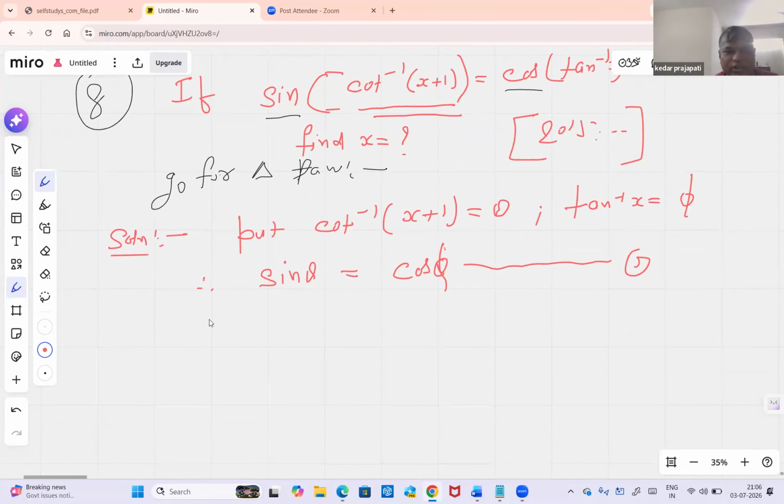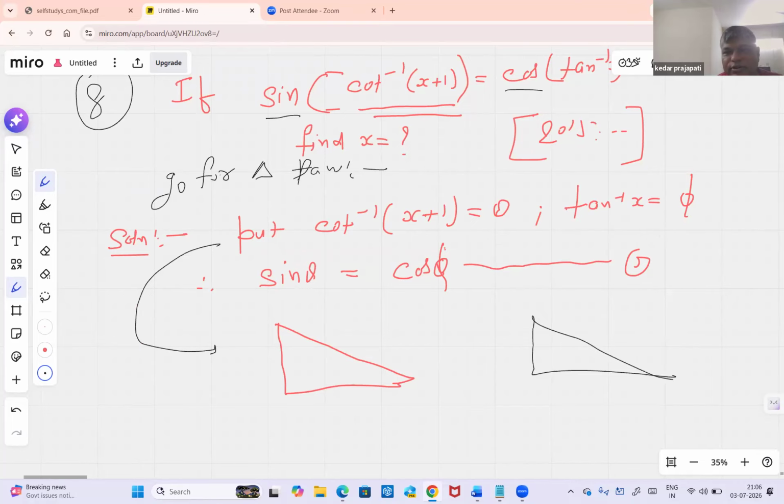Two triangles will come. First triangle will be this one, and for here, one triangle will come. It means cot theta equal to x plus 1.